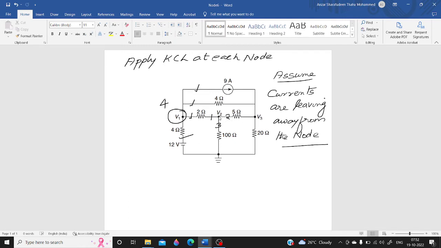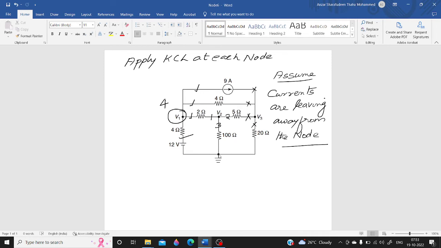These three branches are connected to node V2. And coming to V3, how many branches are connected? This branch, this branch, this branch, and this branch. Four branches are again connected with node V3.